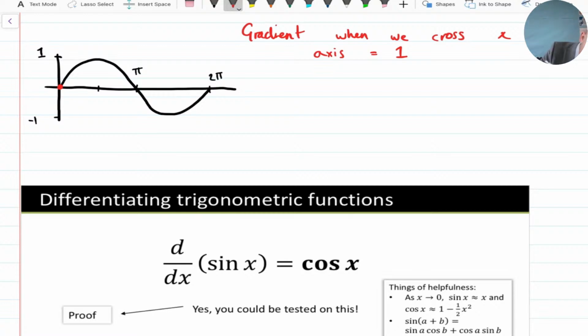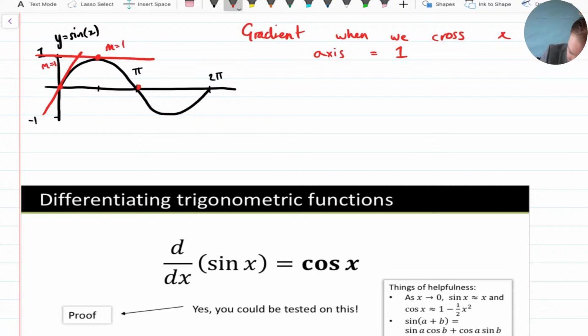Okay, so what we're looking at here is what the gradient is at particular points. So we know this is our sine graph, y is equal to sine of x, like so. Now I'm telling you that here, this gradient, m, is equal to 1. And at this point here, what is the gradient? Well, we can see that it's a flat line, so my gradient must be equal to 0.